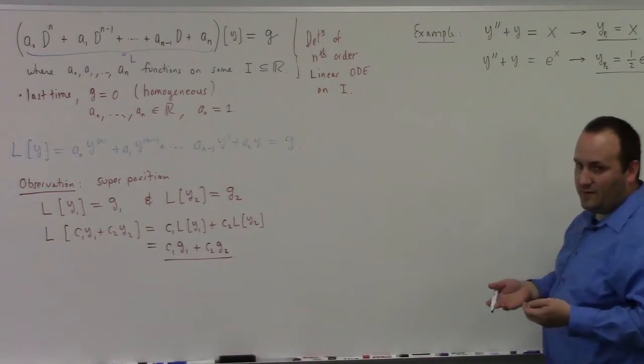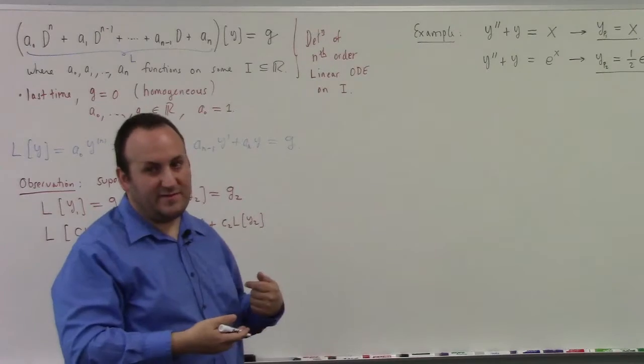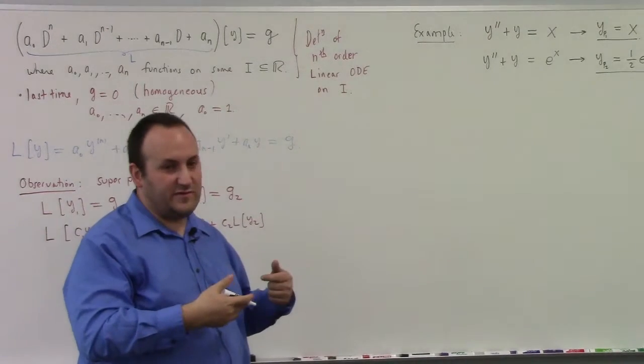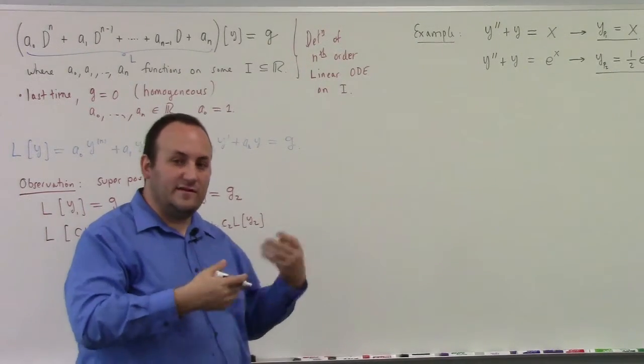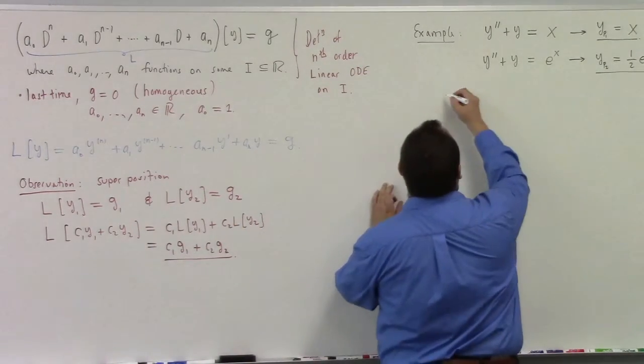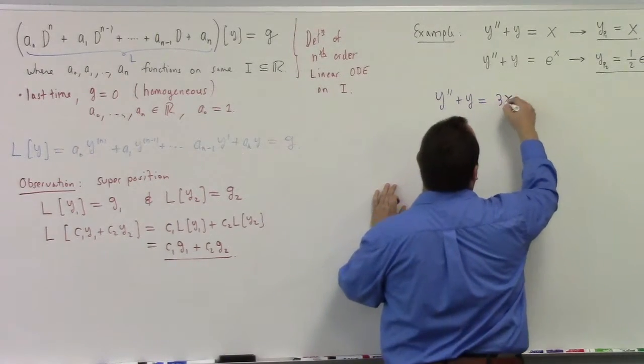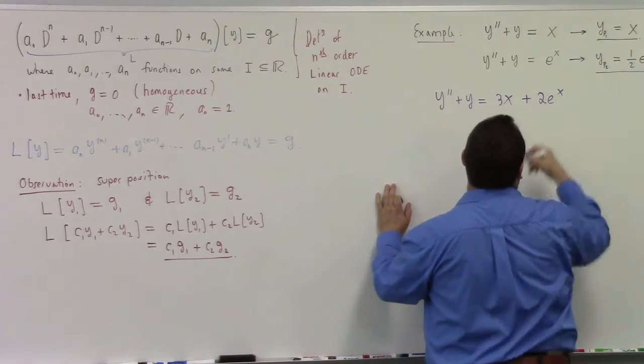Now you have some homework problems where they basically give you y_p1 and y_p2. They tell you, hey, this is a solution to this differential equation, and then they say solve a corresponding problem that's related by superposition. So we could solve y'' + y = 3x + 2e^x.